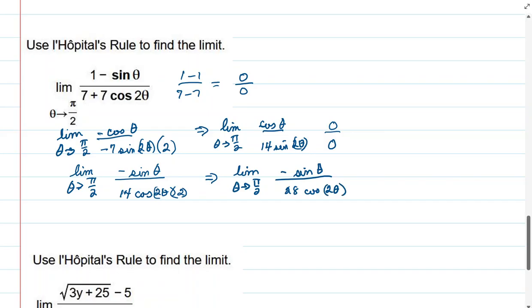And I'm going to insert the pi halves. And this is awesome because if I put pi halves, now I have a 1. So I have a negative 1 over, and the cosine of 2 times pi halves is pi. That's a negative 128. So my answer, my limit, is a positive 128.